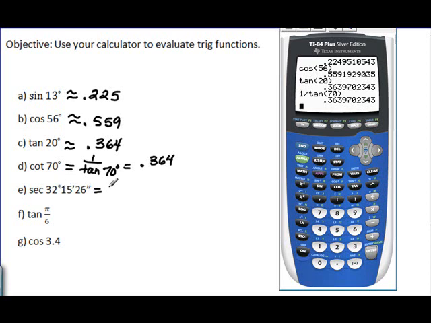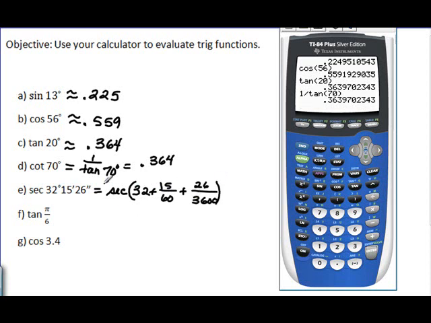So this is really the same thing as secant of 32. To convert the 15 minutes to degrees, I'm going to have to divide by 60. And then the seconds, there are 3,600 seconds in a degree, so I'm going to have to divide the 26 by 3,600.